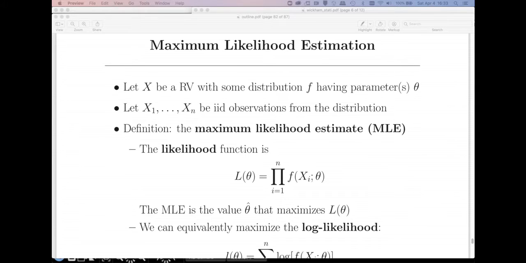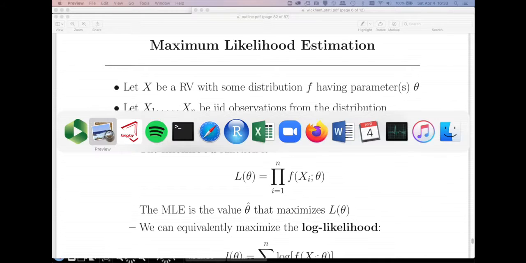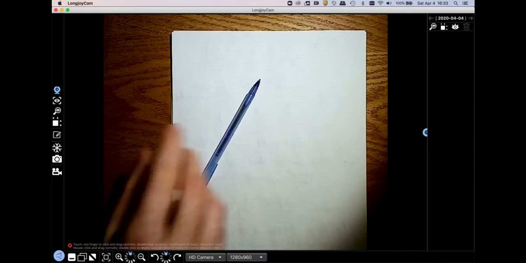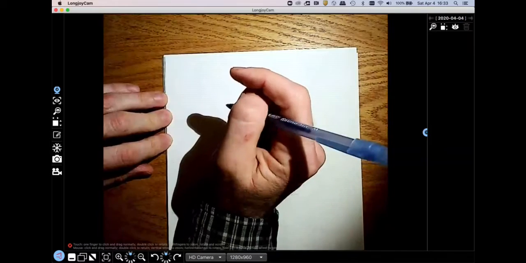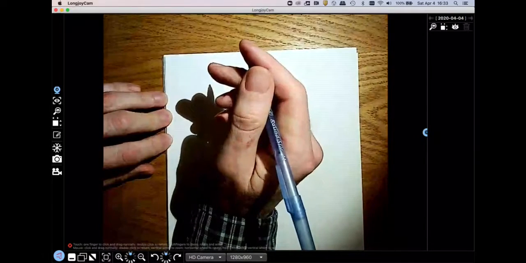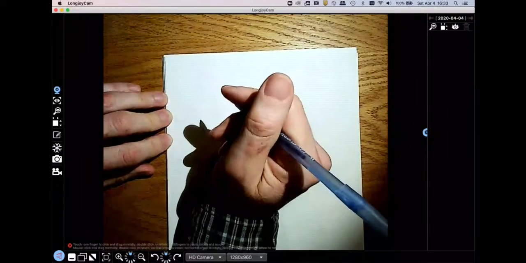So let's start out with a problem. Let's say that I have some coin and I don't really know what the probability of a head is.